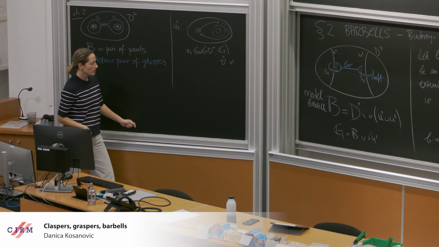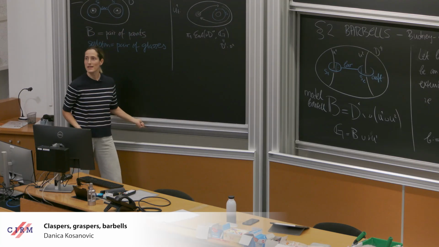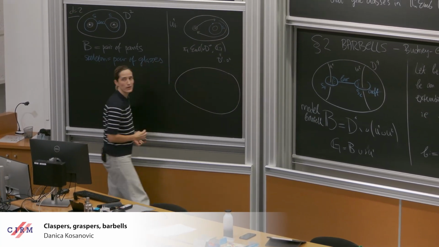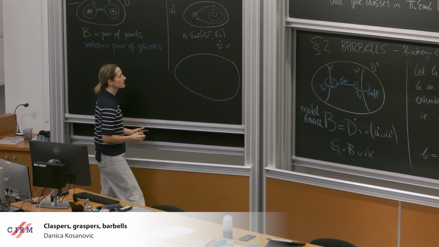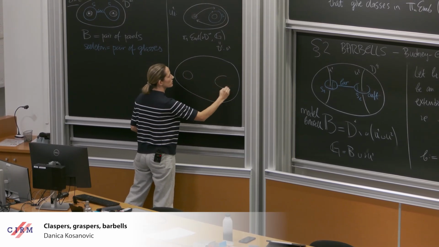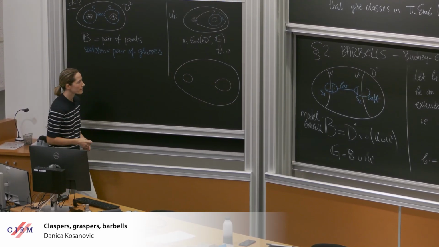And it's a non-trivial loop, obviously. Then you ambiently extend and look at the time 1 map. Maybe you've seen it. Then you restrict to the complement of this guy. So this is your barbell manifold.